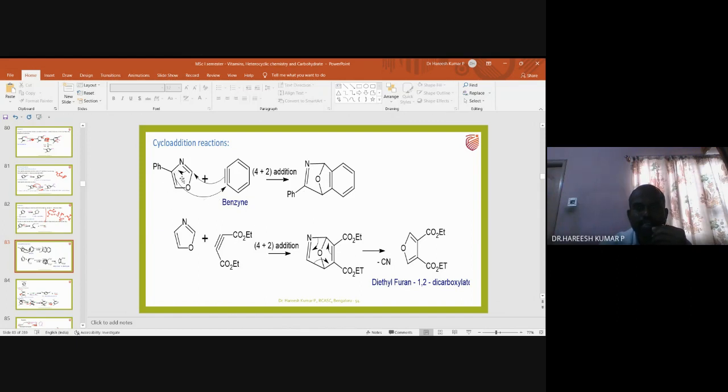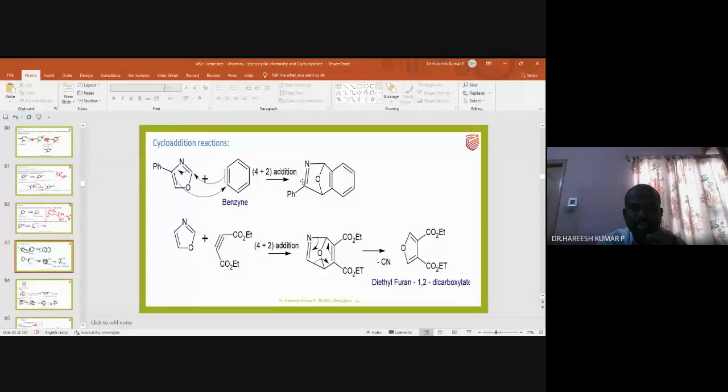So 4 electrons, 2 electrons, this is a 4 plus 2 cycloaddition. More particularly, this method is very useful for the preparation of bicyclic compounds. Of course, this is a tricyclic one, but the reaction is involved between this carbon, this carbon, this carbon, and this carbon, and there will be a new pi bond formation here.